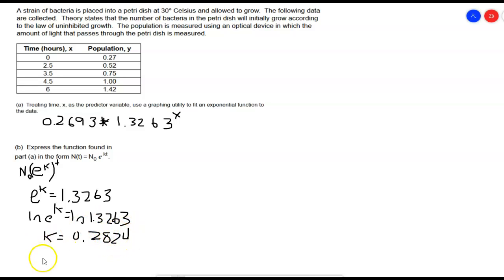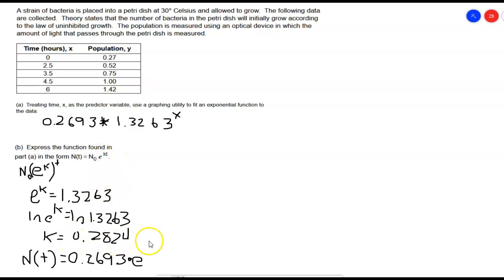And now I can go ahead and write this in that form there. So N of t is equal to, remember it is our a, 0.2693, multiplied by e to the kt.